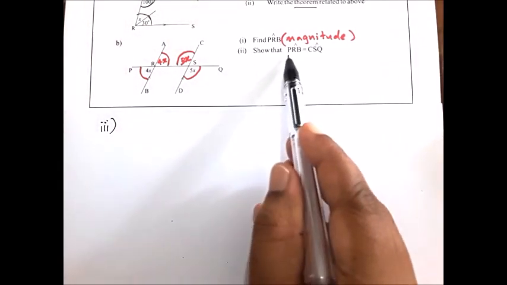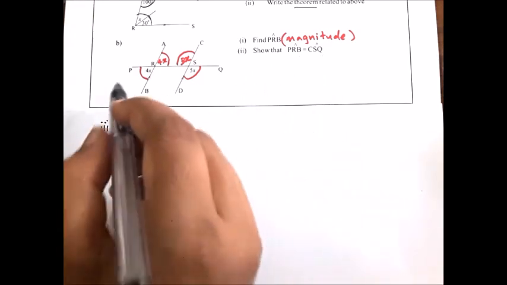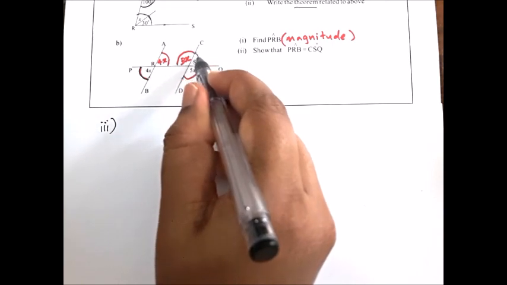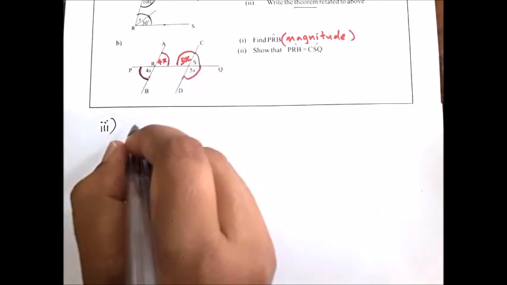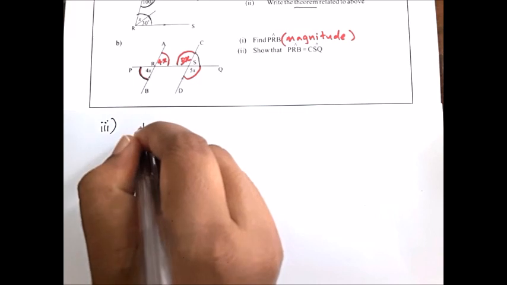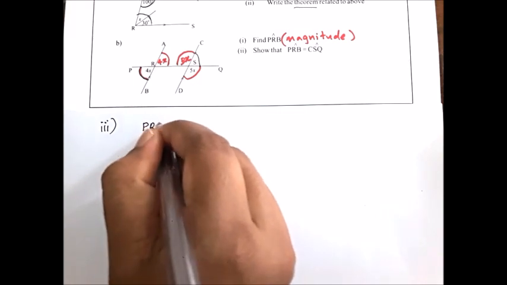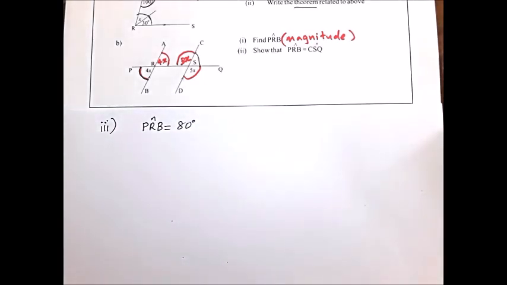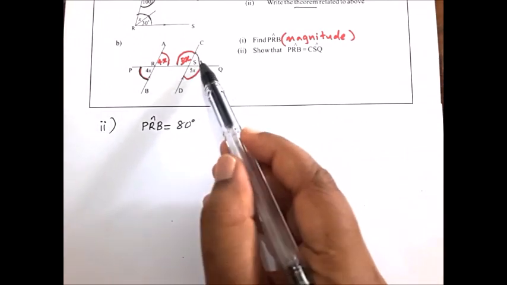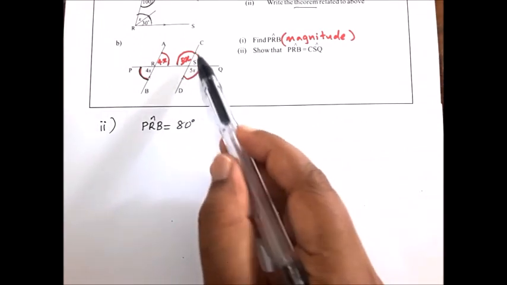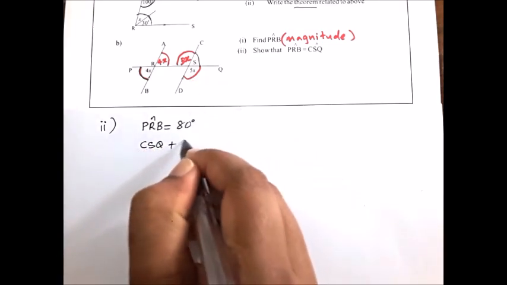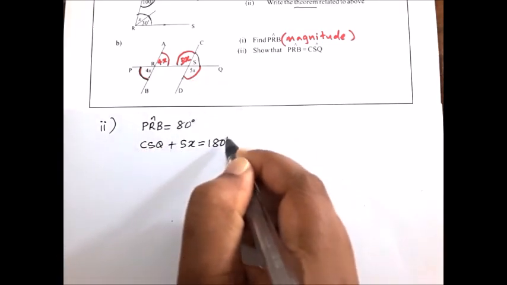Second part. Show that PRB equals CSQ. This is PRB. And here CSQ. Now, in the first one, we showed that PRB equals 80 degrees. Then the sum of these two angles equals 180. To find CSQ, CSQ plus 5x equals 180 degrees.